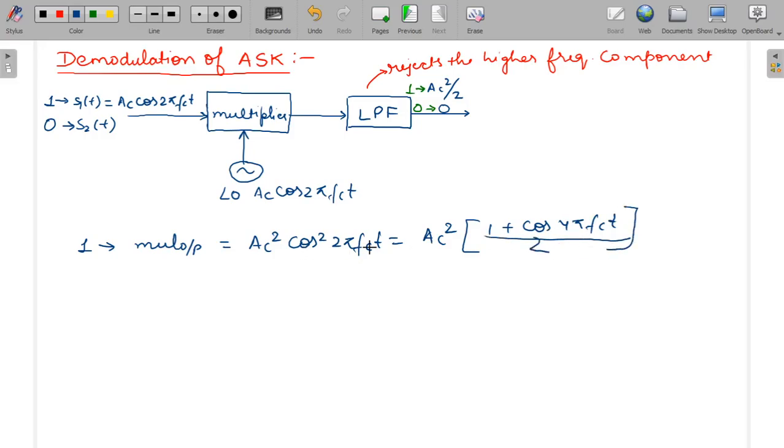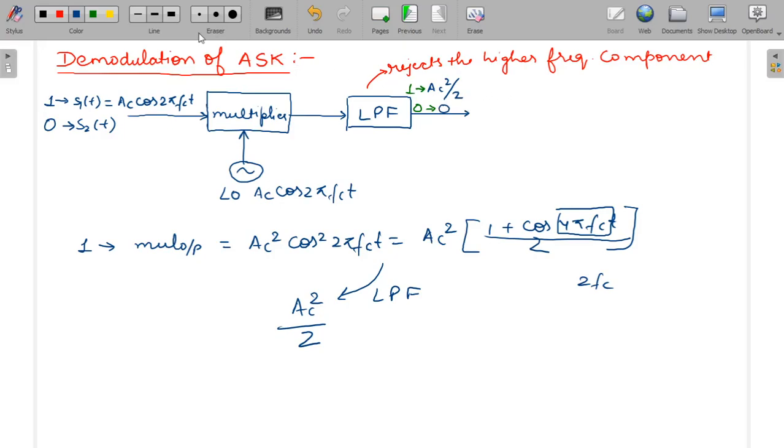Now this is passed through the low pass filter. What will the low pass filter do? It will reject the high frequency component, that is 4 pi fc here. Bandwidth is 2 fc, so this will reject this component and we will get output Ac squared by 2. Okay, so when 1 is transmitted, the low pass filter output is Ac squared by 2. When 0 is transmitted, the low pass filter output is 0.